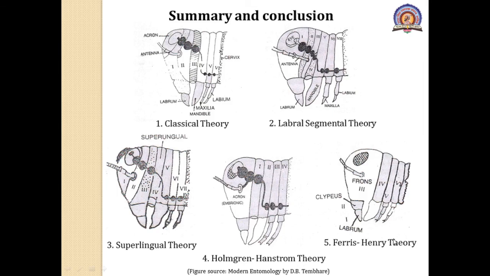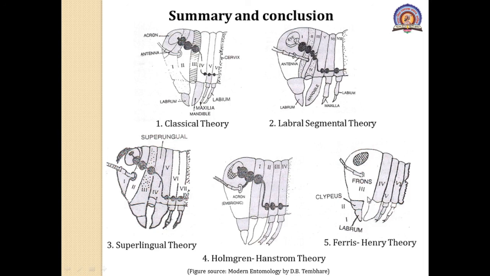Then according to the Ferris-Henry theory, again there are a total of 6 segments, 3 contributing the procephalon and 3 contributing the gnathocephalon part. According to this theory, the first segment is labral, the second is clypeal, the third is oculo-antennal, and they have rejected the presence of the intercalary segment.